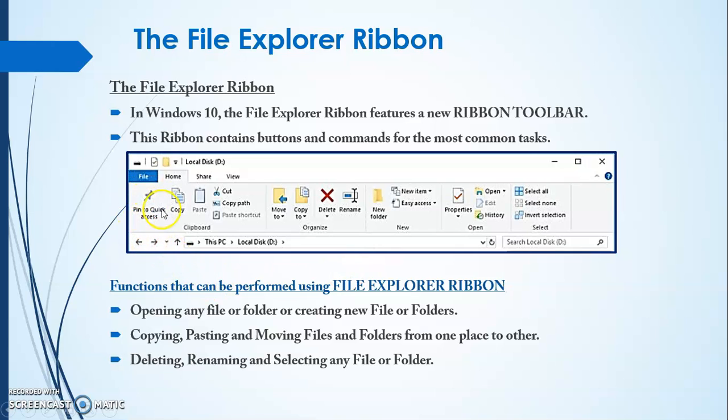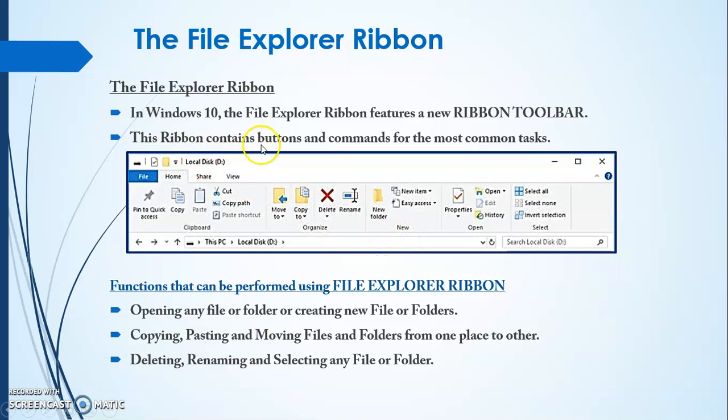Students, you can see here the option of copy. Then cut, copy path, move to, copy to, delete, rename. All these are various functions that you can perform. So this ribbon consists of tools, and that is why it is sometimes known as the ribbon toolbar.